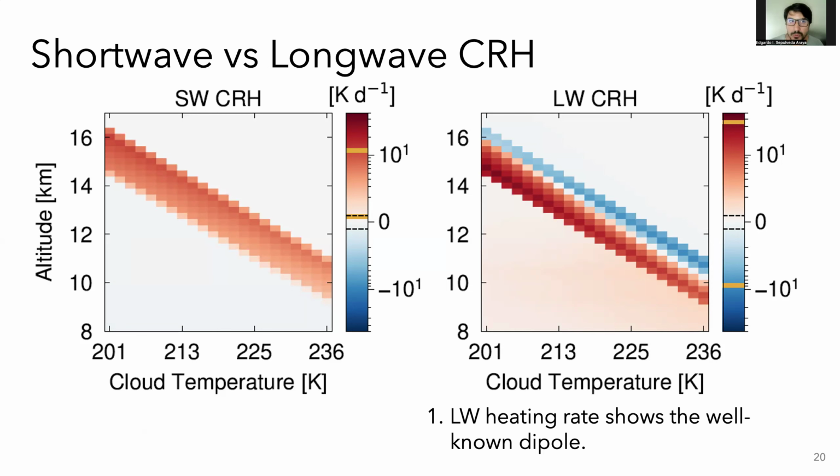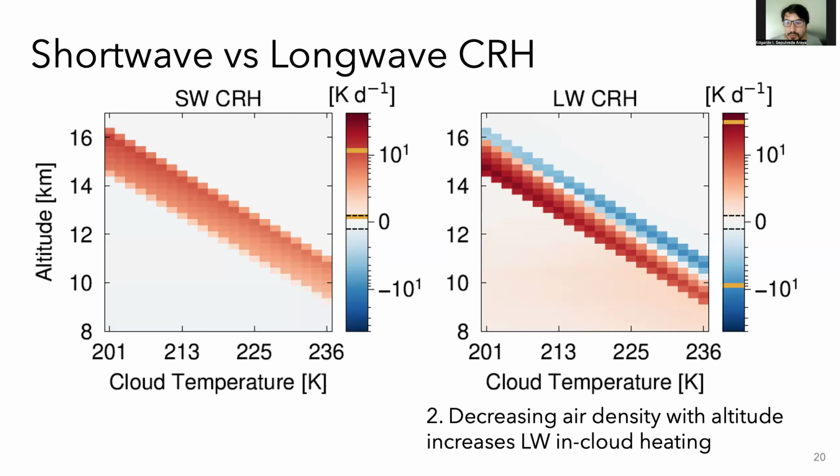So we are interested to know how we can represent the change of this heating rate again when we move the cloud to a higher altitude. And you see how the dipole increases, specifically the long wave in-cloud heating increases when we move the cloud to a higher altitude.